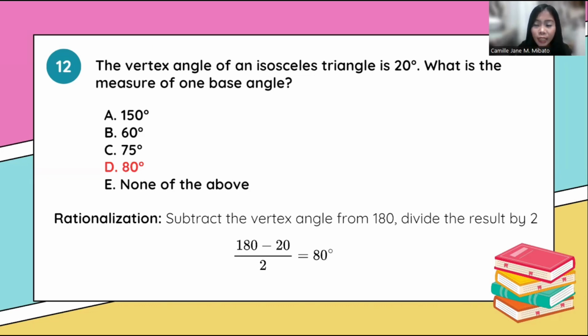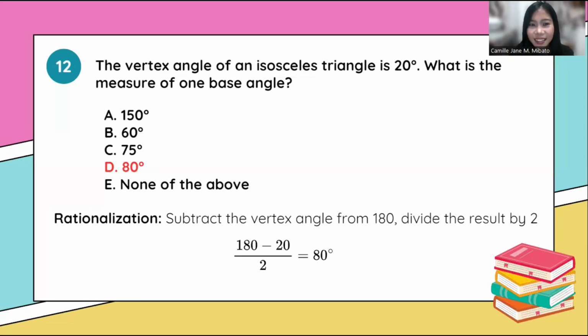So 180 degrees minus 20 degrees is equal to 160 degrees. Then divide the result by 2. So 160 degrees divided by 2 is equal to 80 degrees. So that is why for question 12, the correct answer is letter D, 80 degrees.